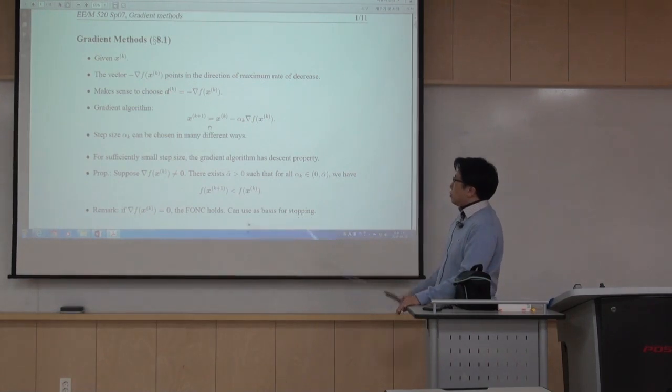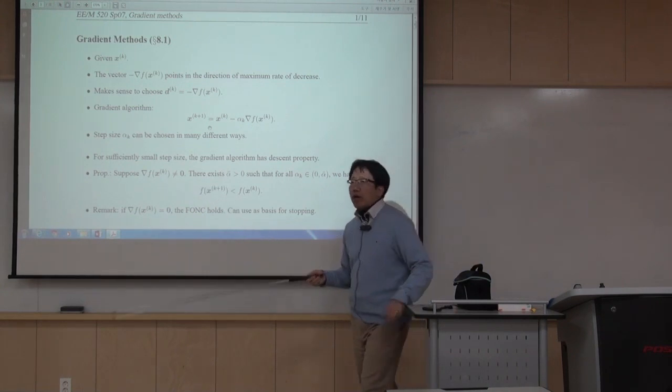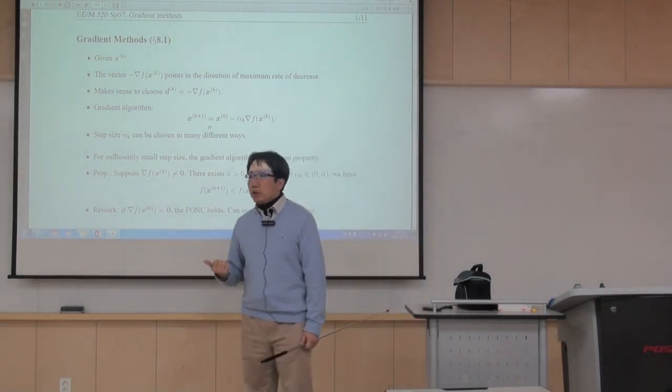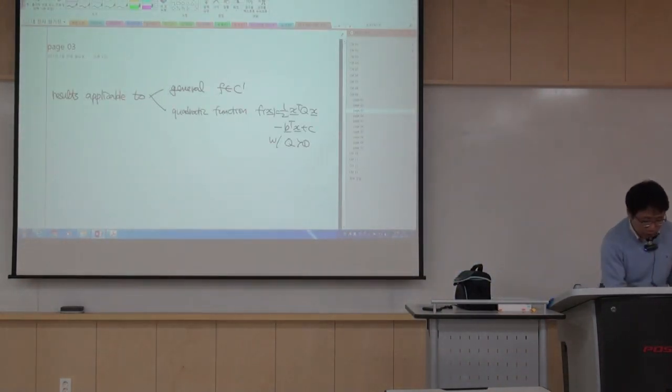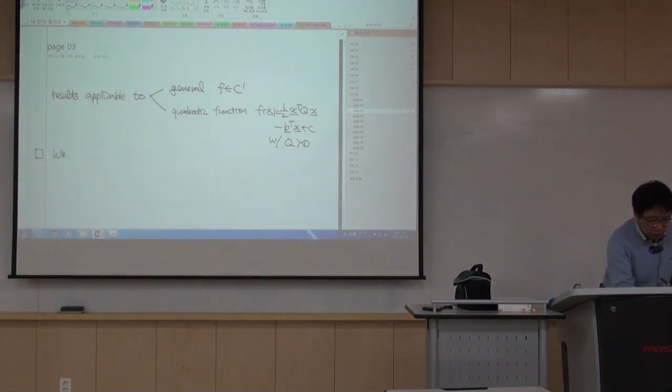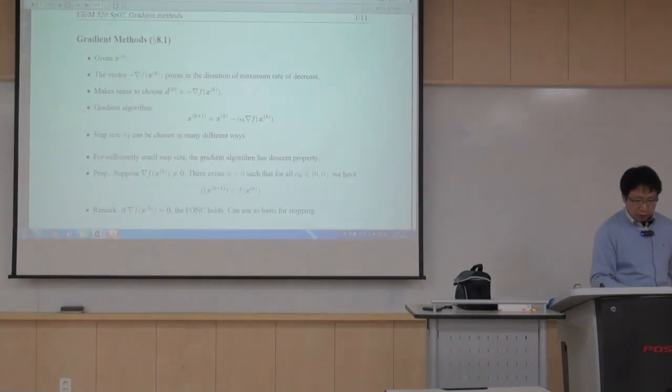And here, it first justifies why this gradient method is good. You will see today two things: pros and cons of a gradient method. So first pro, then con. What is pro? Why do we advocate using a gradient method?